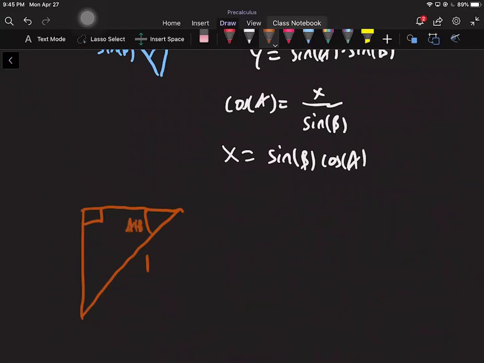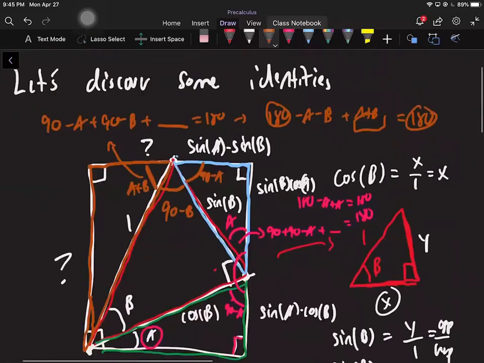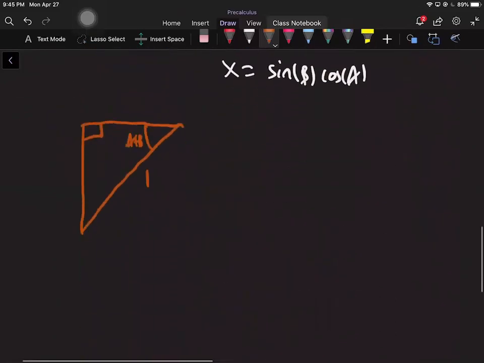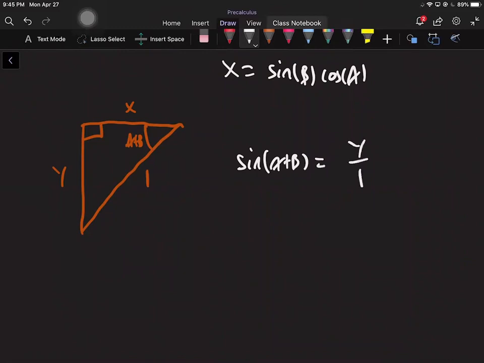Okay, so now we have that. So then what can I do next? So I can say the same thing I have been saying. So y and x here, and then I can say that sine of that angle is opposite over hypotenuse, so it's y over 1.